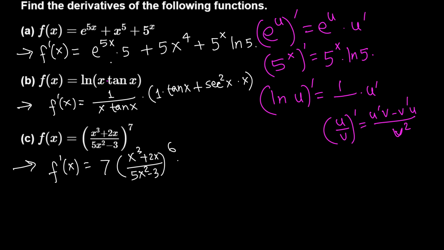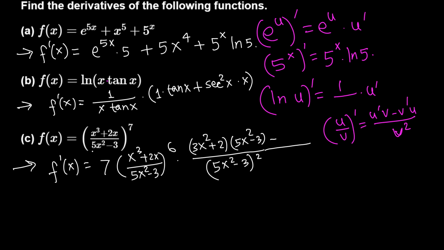Okay, so times this function, the derivative of this fraction is 5x squared minus 3, quantity squared on the bottom, on the top u prime, the derivative of this top function, so x cubed means 3x squared plus 2x is 2, that's u prime times v, which is 5x squared minus 3, u prime v minus, okay, v prime, the derivative of the bottom, that's 2 times 5, 10x minus 0 is 10x, times the top, which is x cubed plus 2x.